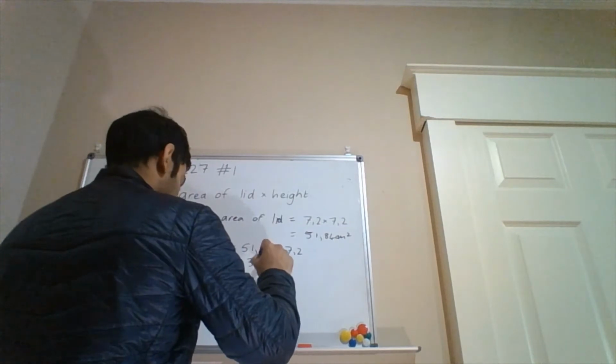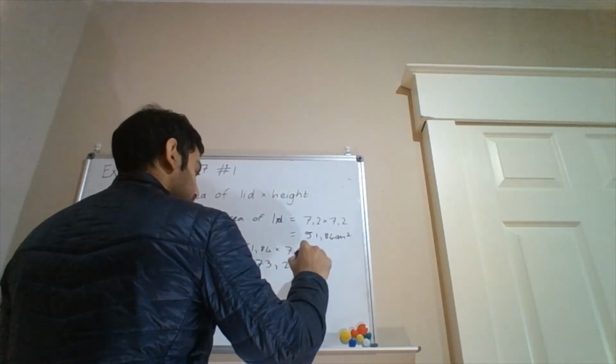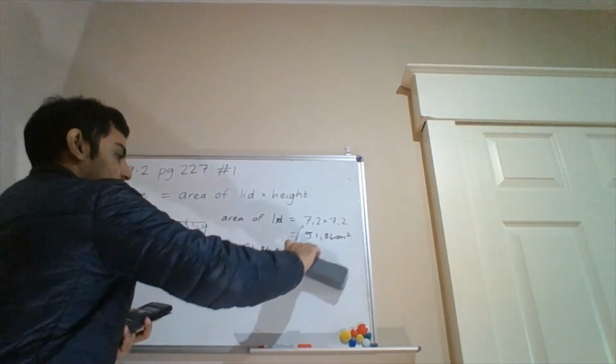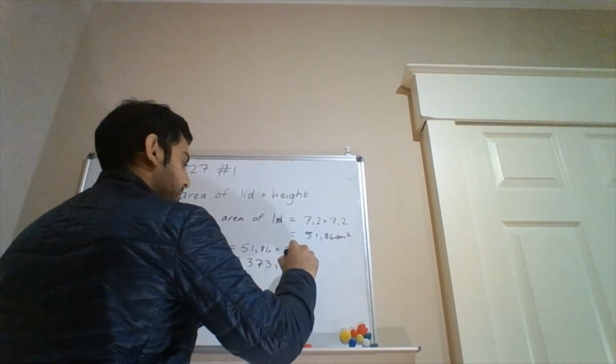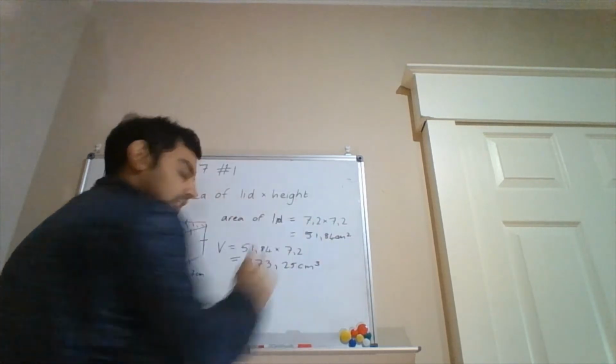I get 373.248. I'm going to round it to one decimal place, so instead of the 48, it will round up to 50. And don't forget our unit, centimeters cubed.